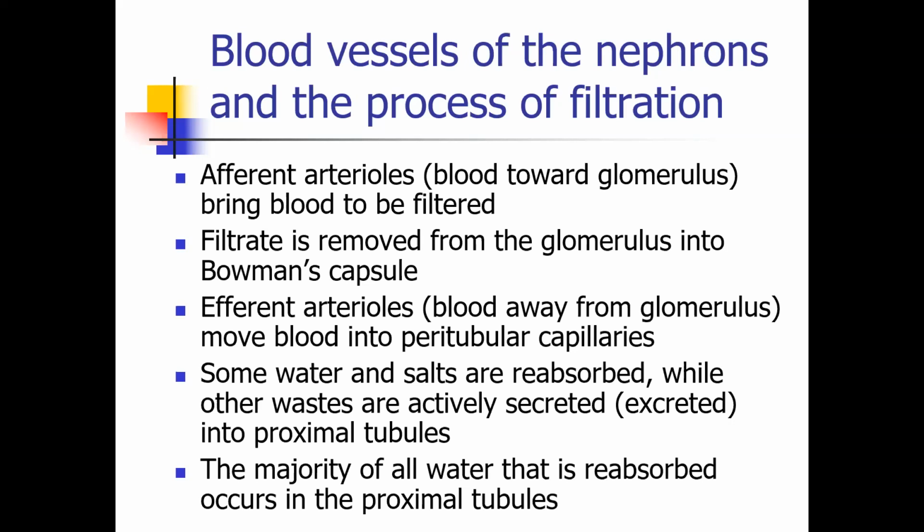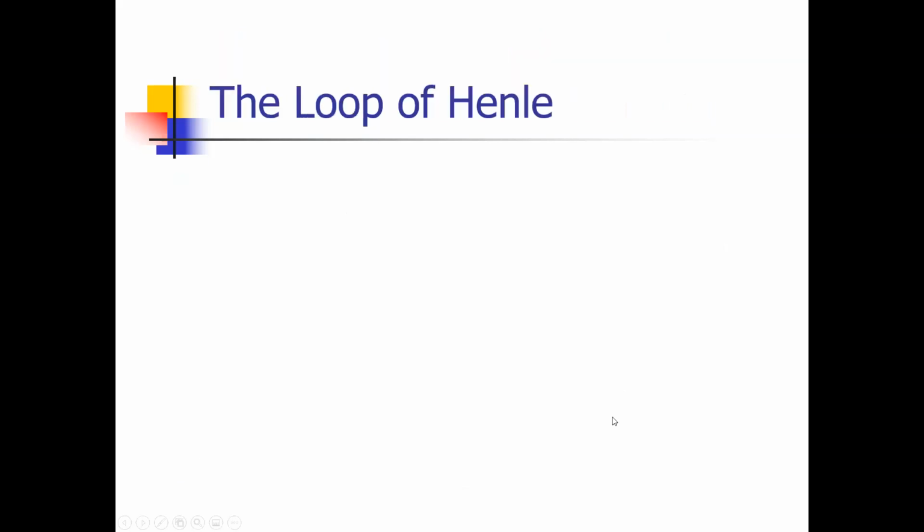Micturition is what happens when your bladder becomes full and you go to the bathroom and you excrete it, you release it from your bladder. So urination, constant production, micturition, the release in the bathroom, or onto the ground if you're doing camping style like my brother likes to do. Thank you. All right, does that make sense? Oh, yeah, perfectly. Thank you.